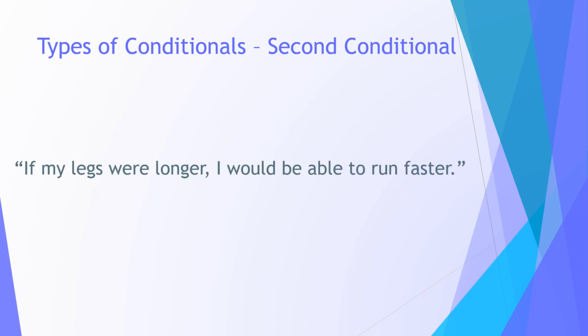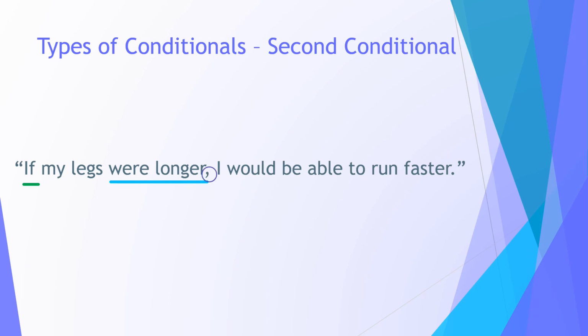Again, let's dissect this example. Okay, so we start, as we have with the other two forms, with if. We then follow this by the subject of the sentence, so my legs. And then after that, we've got were longer. Okay, so you need to note that this is the simple past form here in this part of the sentence.